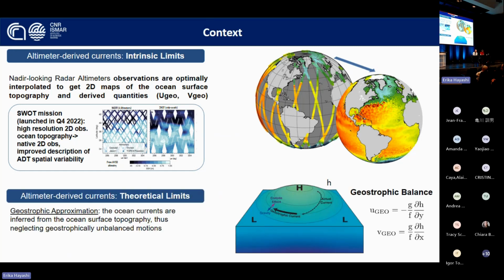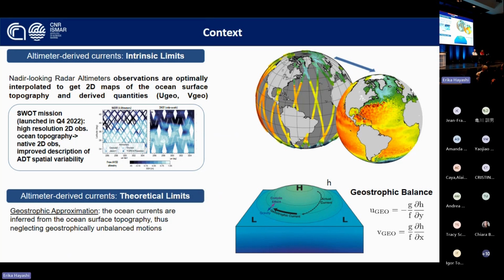This actually generates some misfits, both in the representation of the absolute dynamic topography after optimal interpolation, so misrepresentation of the mesoscale features, but also the assumption of geostrophic balance is a limit, because the actual surface currents are not in geostrophic balance, but undergo other processes.